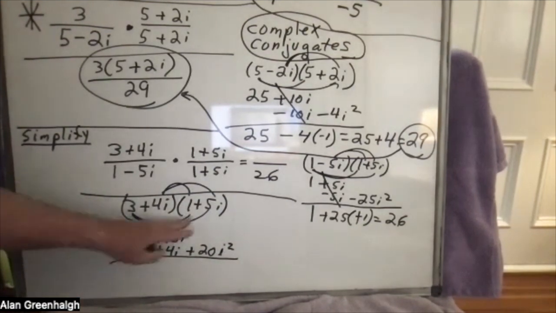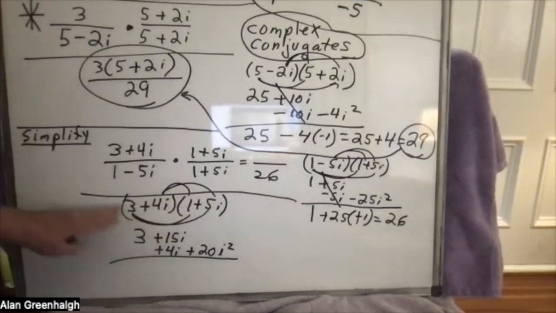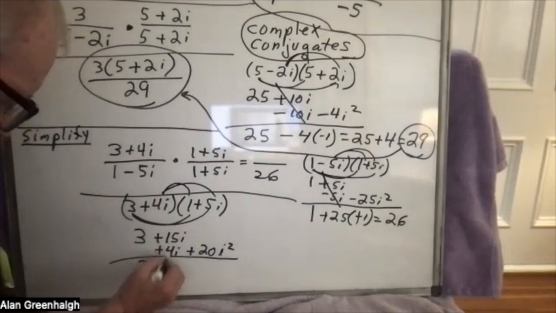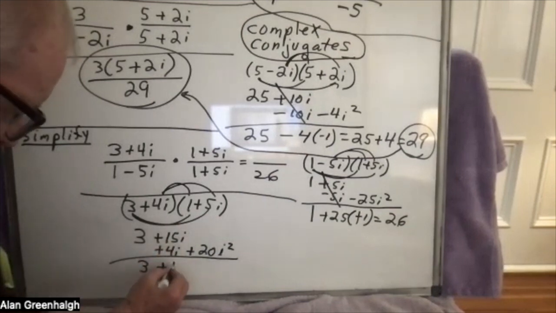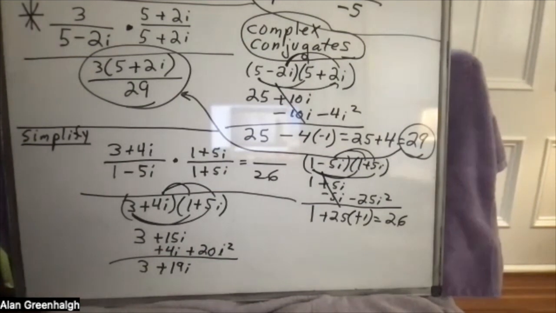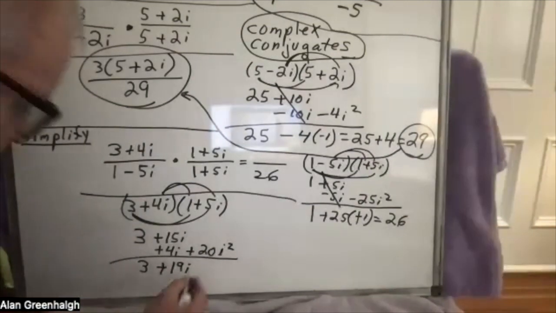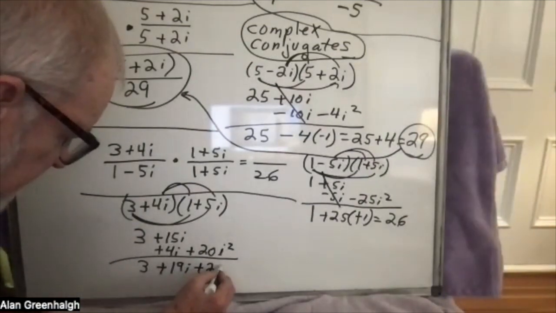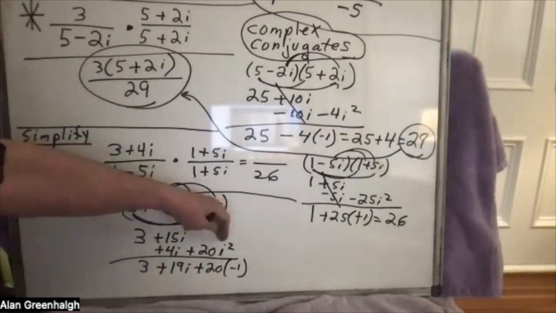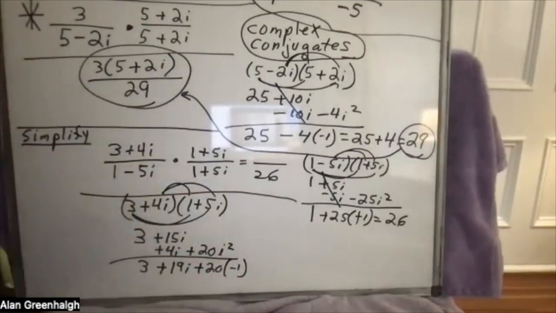Okay, so once again, I'm just multiplying two binomials, basically. This is 3. This is not supposed to cancel out, remember, because we just simply multiplied two complex binomial expressions, plus 20 times negative 1. Don't forget the i squared becomes negative 1.